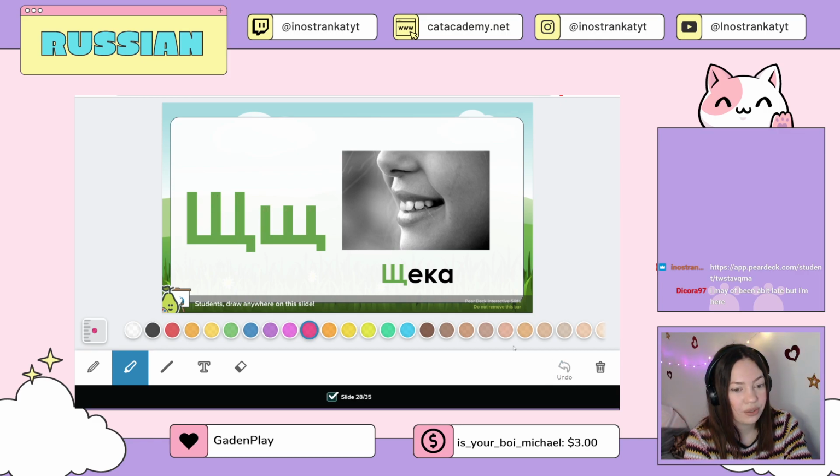This is quite a rare letter, because not many common words begin with it, so you shouldn't be scared. One of the most popular words is shika. It's a cheek, a part of your face. Shika, sh.